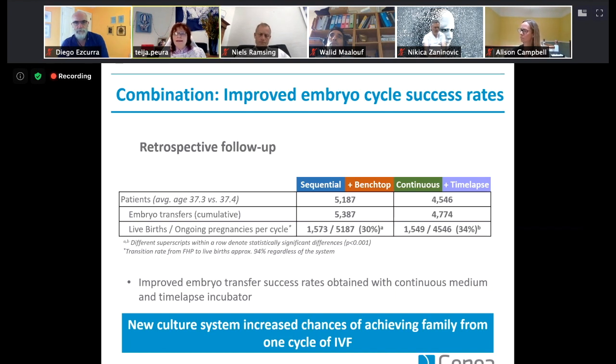And that I have to emphasize because that is really important for Genea, and I'm sure for any clinic, because that means that the patient can come to a clinic, they can have their one oocyte pickup cycle, embryos transferred fresh, some embryos frozen, they maybe have a child, come back in a few years' time, have another child. And that's the best possible way to treat our patients. That's what we feel.